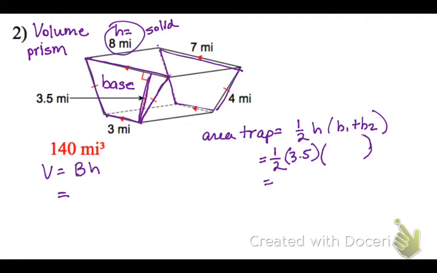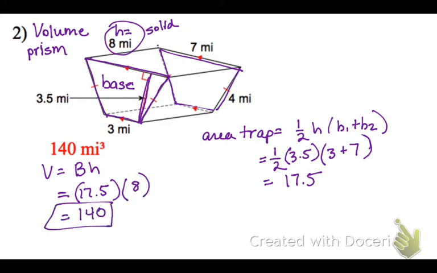So B1 is 3, and this is 3 plus 7, so 1/2 times 3.5 times 10 is equal to 17.5. The area of our base is 17.5, and we're going to multiply that by our height, which is 8, and we're going to come up with 140. And that's our answer. So this looked kind of like a really evil problem, but it wasn't that bad.